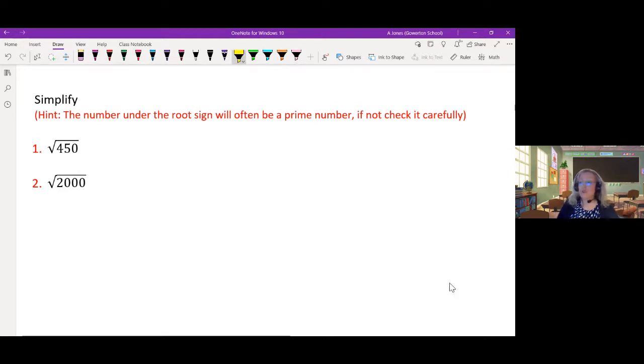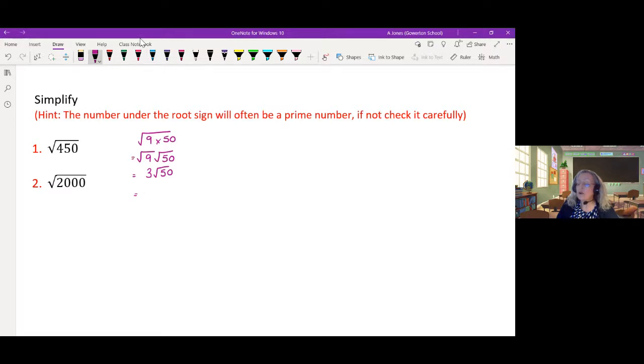Okay, so I'm going to go over these ones now. Let's have a look at the first one. So I've got the root of 450, 9 goes into that, so I'm going to have 9 multiplied by 50, which gives me the root of 9 multiplied by the root of 50, which is 3 root of 50. But I can see that 25 goes into 50.